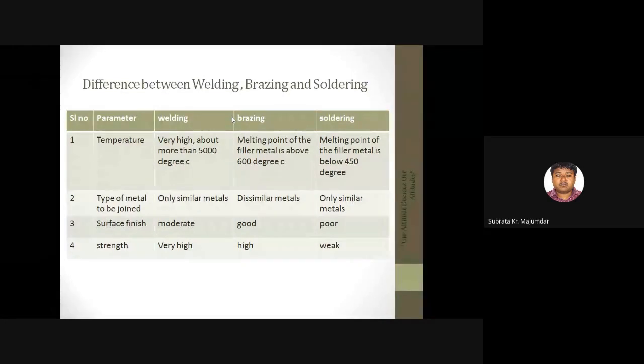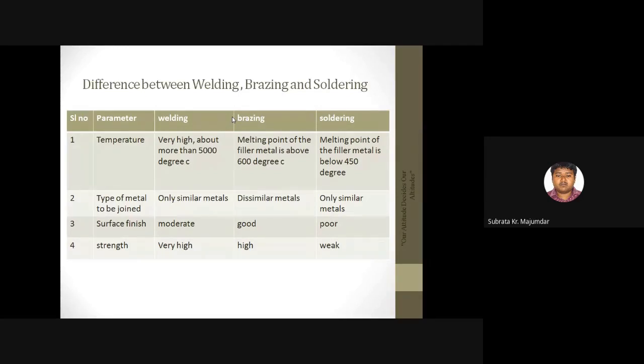In brazing, generally we join dissimilar metals. In soldering, we can join only similar metals. Okay, so soldering is used only for similar metals, and welding and brazing are both used for similar and dissimilar metals.